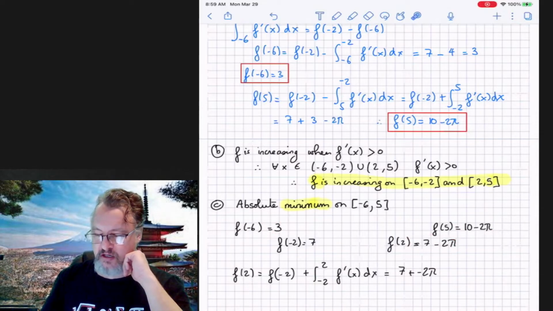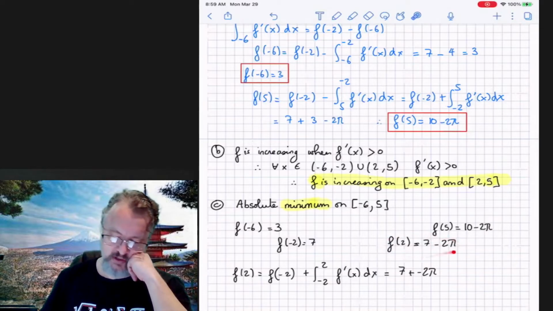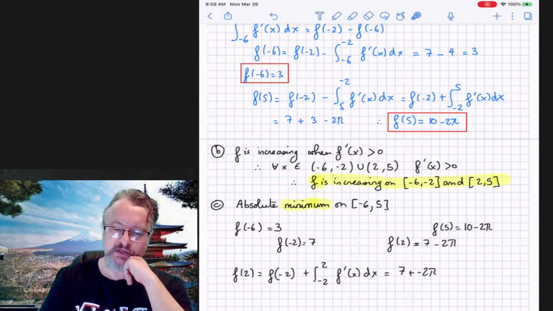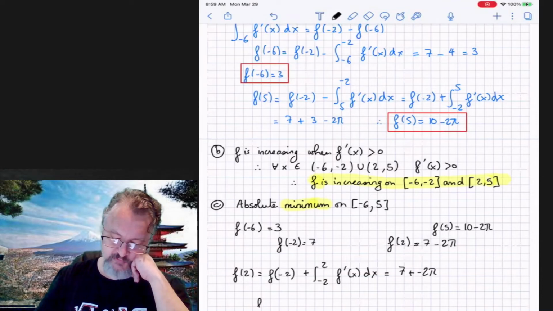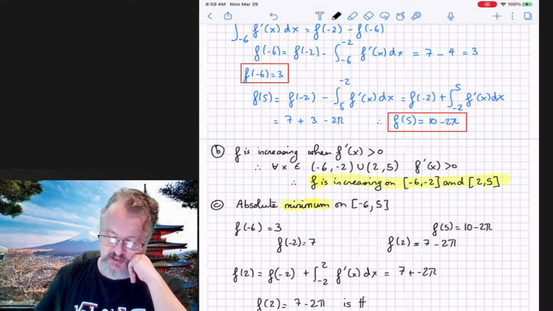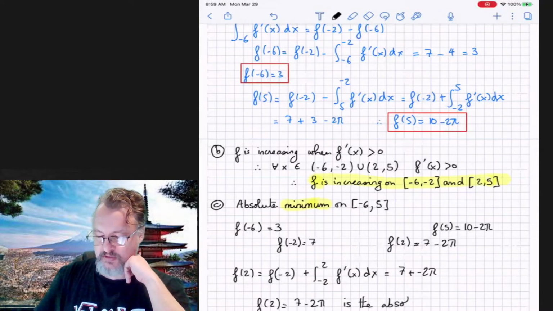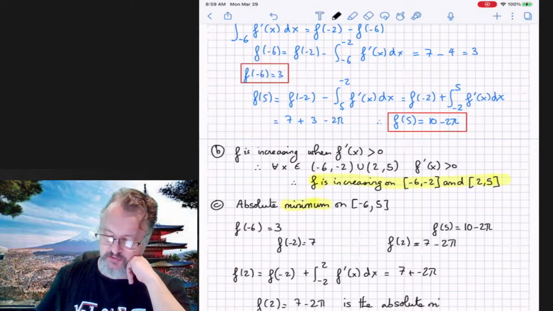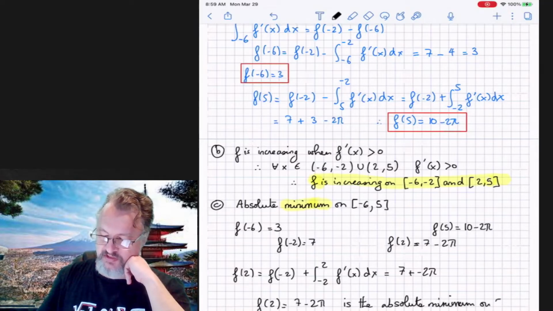And 7, yeah, that's going to be the smallest. Okay. So we can say that f at 2, which is equal to 7 minus 2 pi, is the absolute minimum value on the interval -6, 5.